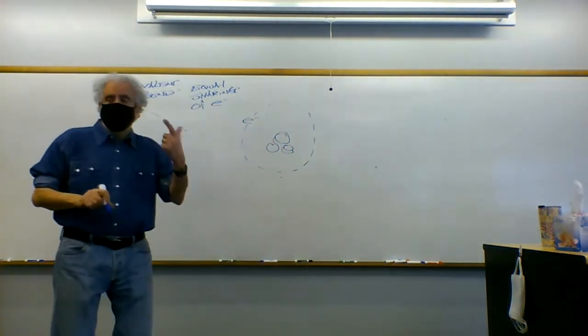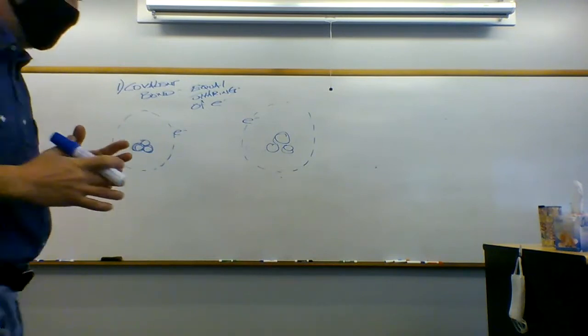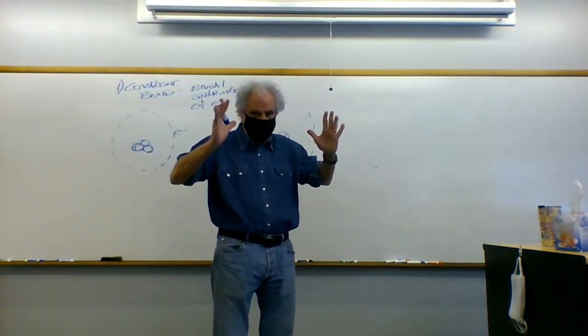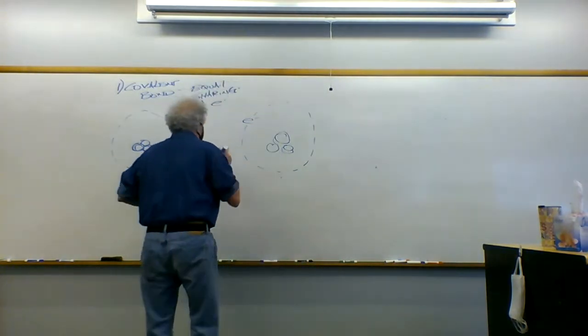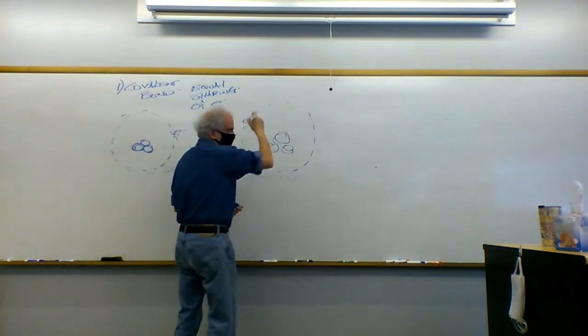Now, we know like charges generate opposition forces, and what we have to do is overcome that and get these two close enough that the electrons can be playing tag, zooming around, chasing each other.